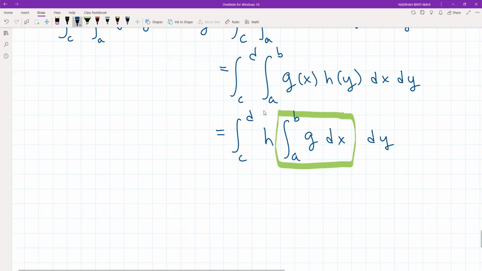Number. Number, meaning a constant, right? Number tu constant. Tak kisahlah nombor apa-apa, tapi dia adalah constant.